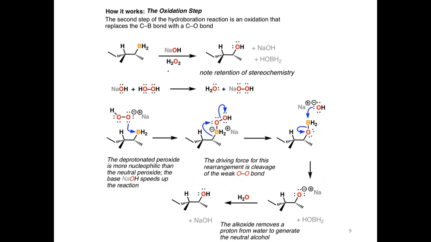When it is treated with hydrogen peroxide, how will the reaction go? First the H2O2 and NaOH react with each other to give H2O and NaOOH. Then after formation of this intermediate in the same reaction pot, it will attack this boron atom and give an intermediate like this one.